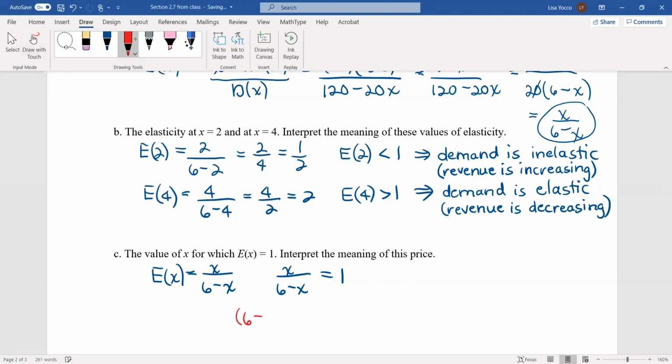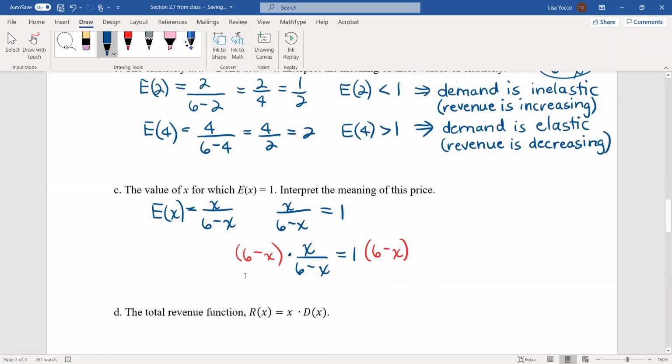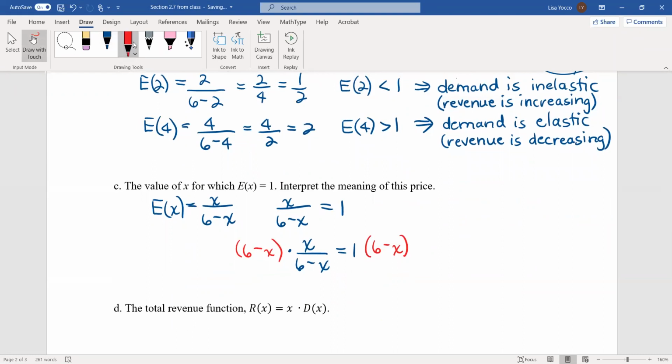So this is an equation with a fraction in it. We want to get rid of the fraction, and we can do that if we multiply both sides by 6 minus x.